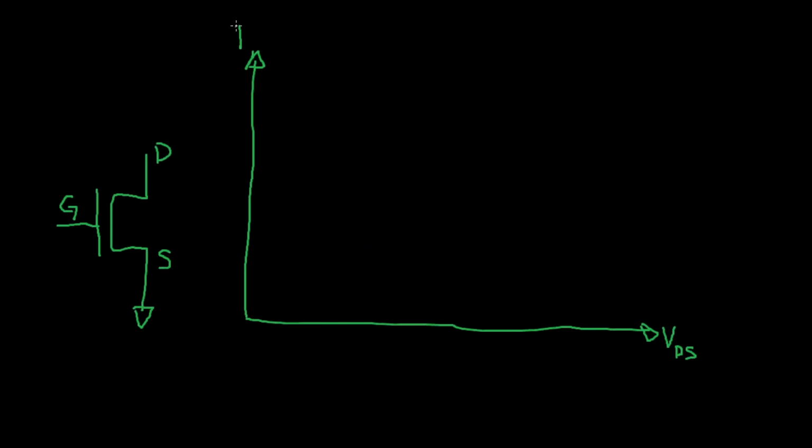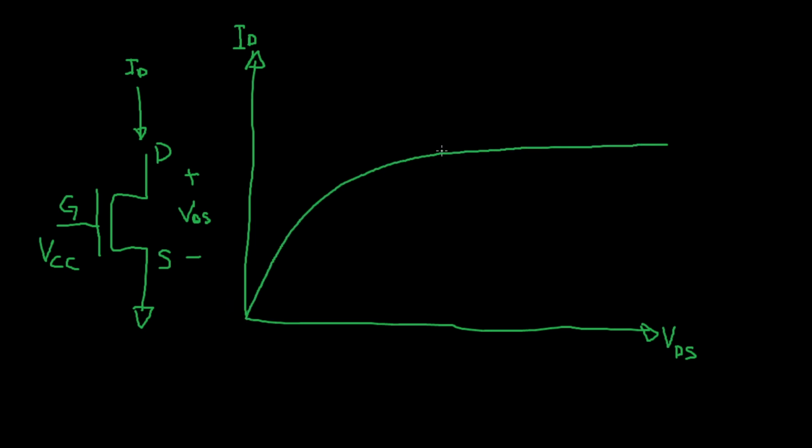If we assume that the gate is going to be at a constant voltage, and in this case it's going to be VCC, then VDS is really the only thing that's going to control the current through our MOSFET. And if you've studied MOSFETs, then you'll remember this curve. To the left of this line, the device is in the ohmic region.